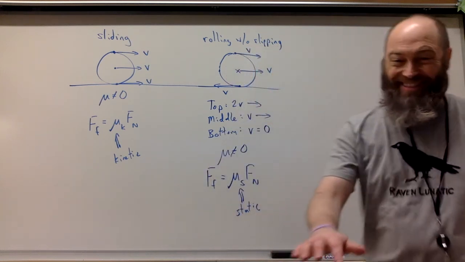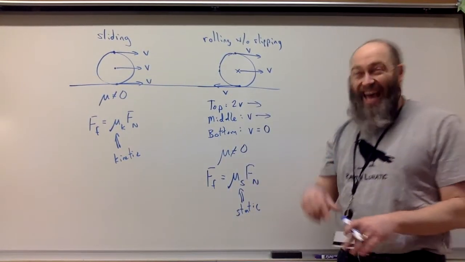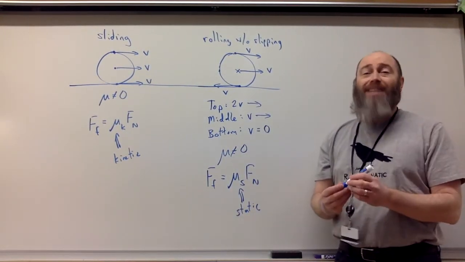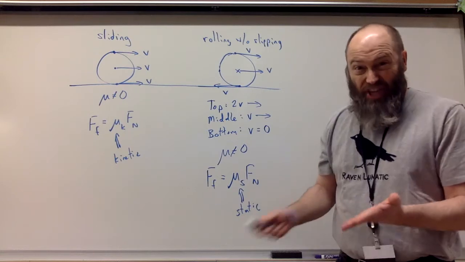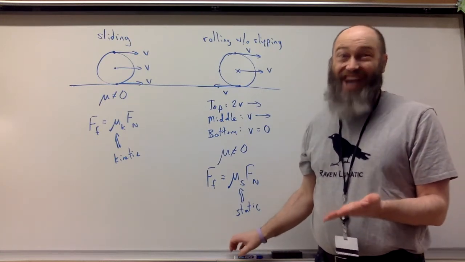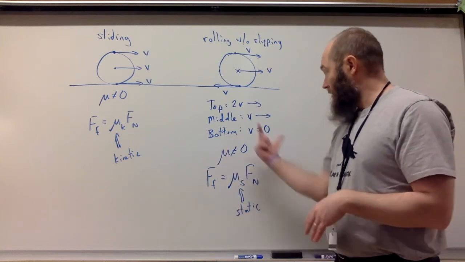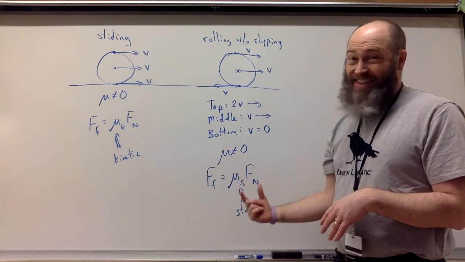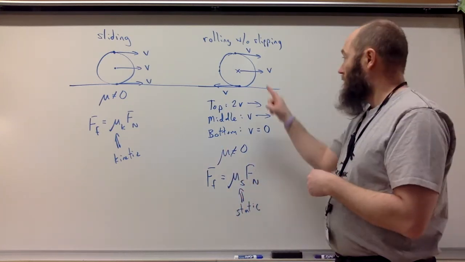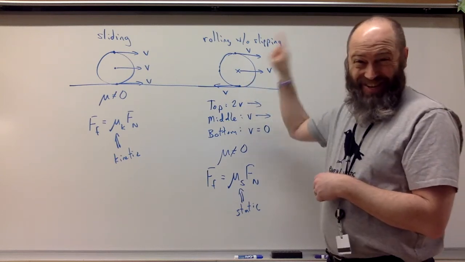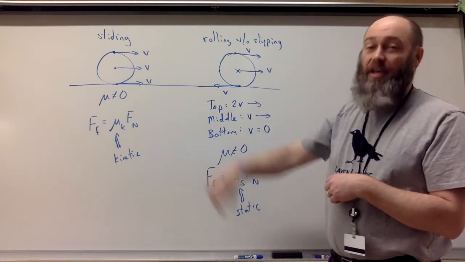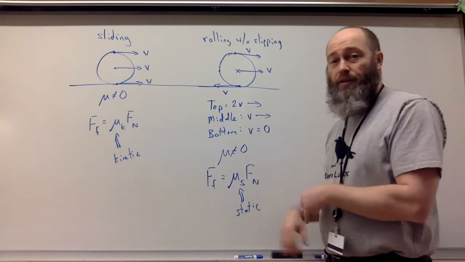Well, what does the word static mean? Oh yeah, the word static means not moving. Well, if something's not moving, how much heat's going to be produced? None. Okay, and which is why this force of friction is not going to do any work on this thing, which means essentially zero energy gets converted to heat.